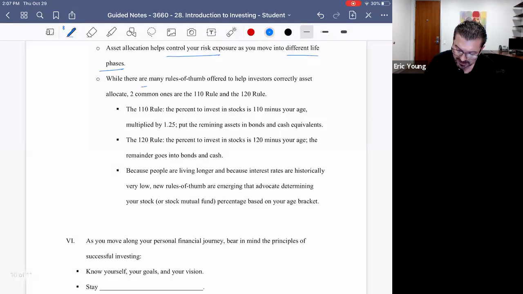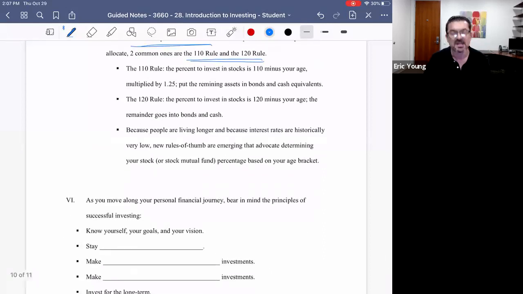Oftentimes, financial planners have given rules of thumb to help make something complicated less complicated. The 2 most common rules of thumb for asset allocation are what are known as the 110 rule and the 120 rule.